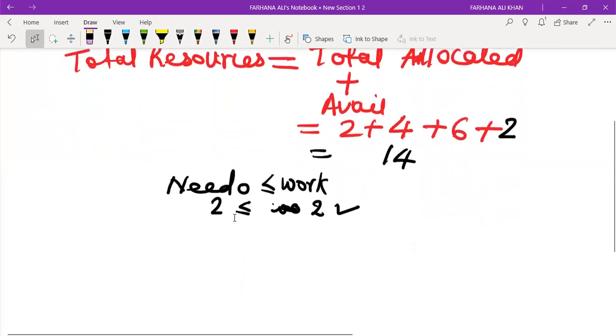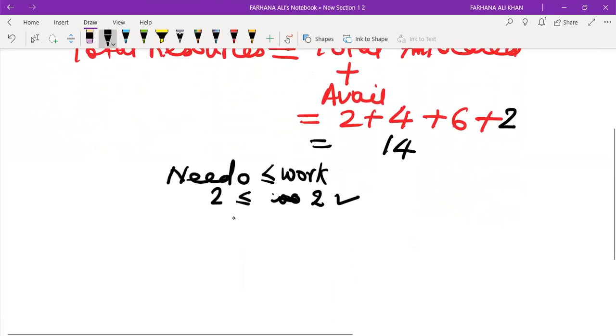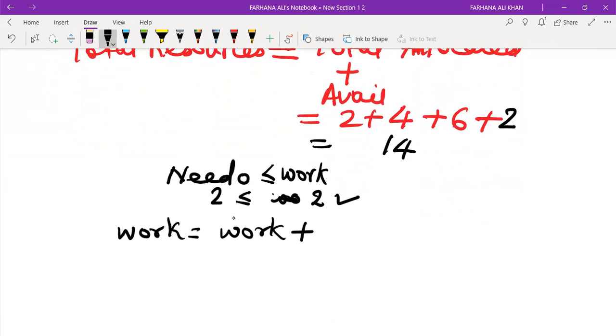Now what will process P0 do? After using the 2 printers, it is going to release its already allocated printers. So the total number of resources available at that time will be work equals work plus allocated, that was previously allocated to P0 and is going to be released.